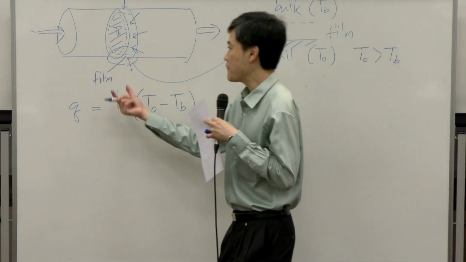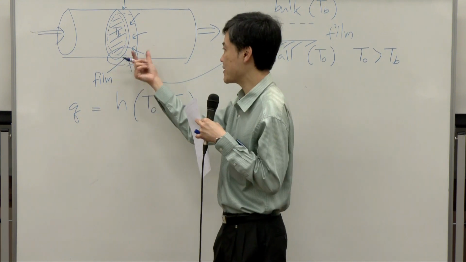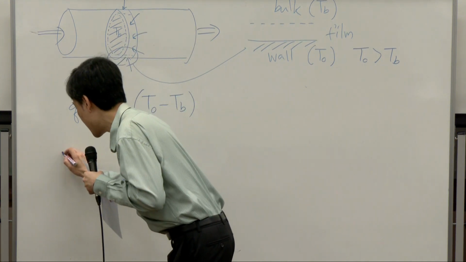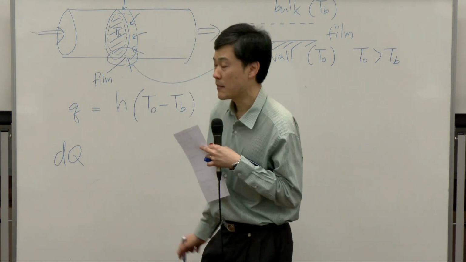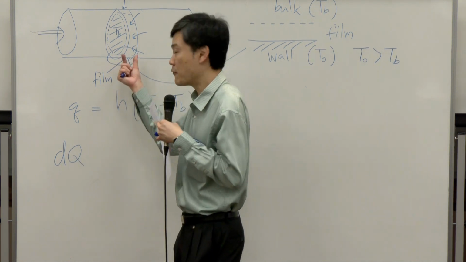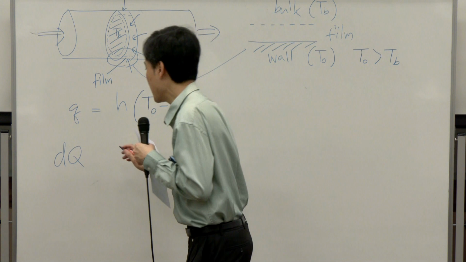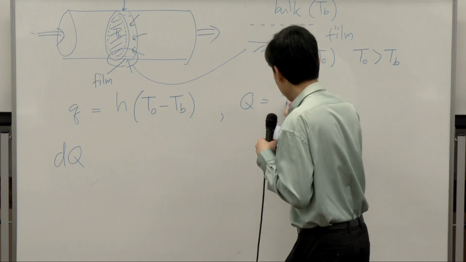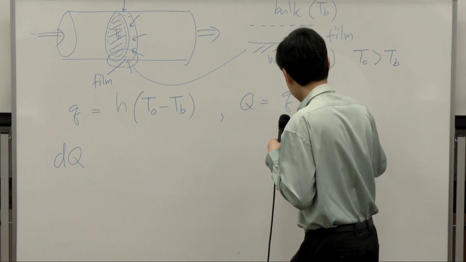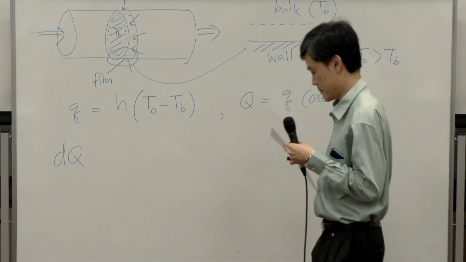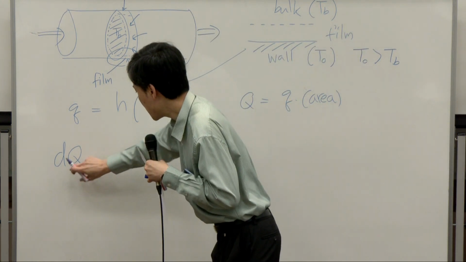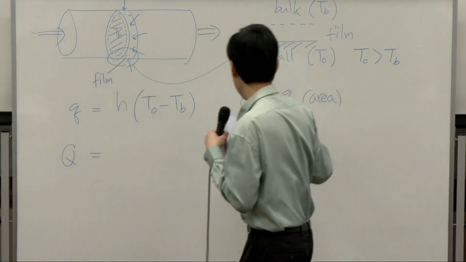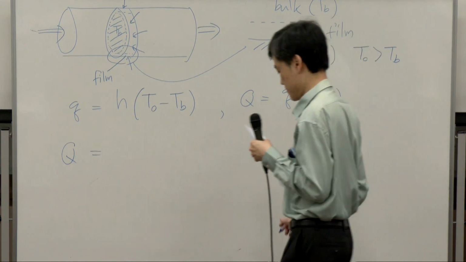Now, of course, right now the flux is local because the slice is very thin. So instead of representing in terms of the flux, I would prefer to say this is heat flow. But this heat flow is within a very small slice. So you can say that Q is equal to the flux times the area. Capital Q is supposed to be small q times area.